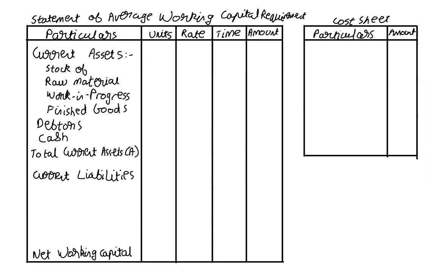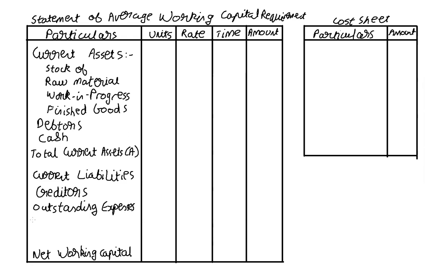Now, under current liabilities, if we have debtors under current assets, we'll have creditors. Right? Apart from creditors, we can have any number of outstanding expenses. It could be outstanding wages, it could be outstanding overheads, anything. We can list them all one after the other.